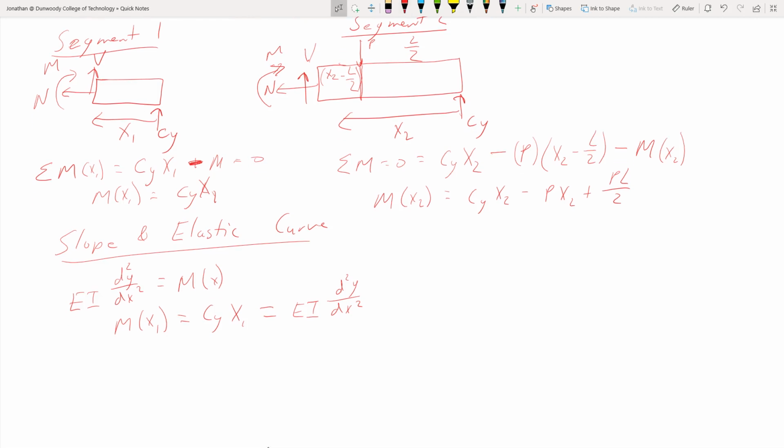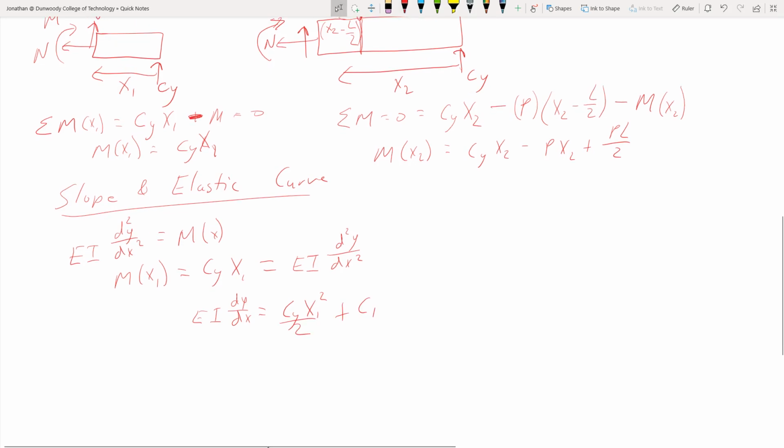Do an integration on that guy. So, pulling this over to the left side, EI dy/dx equals Cy x1 squared over 2 plus c1. Integrate a second time.